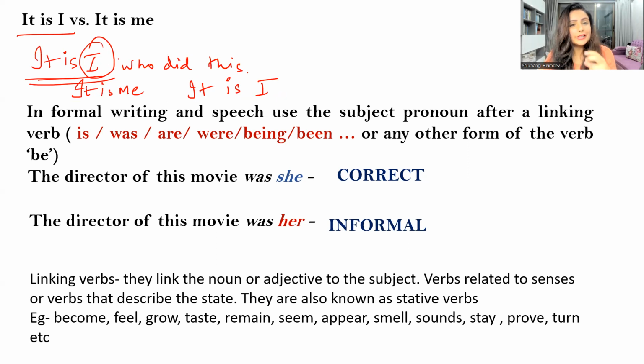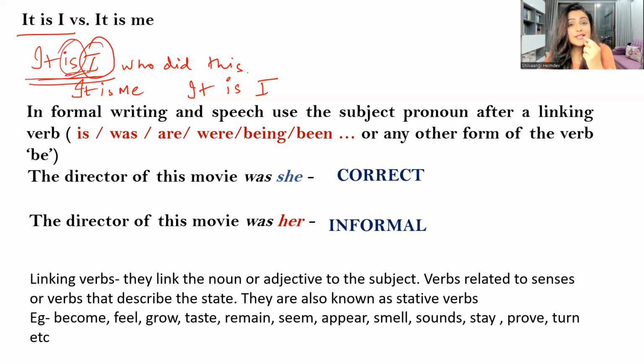Do you know how you should identify the subject in the sentence? If you have to correctly identify the subject in the sentence, always remember, listen to me very carefully. Just quickly identify the verb. And the verb here is "is." So a verb is an action, or a verb can also be a state of being. So "is" is also a verb, a to be form of the verb.